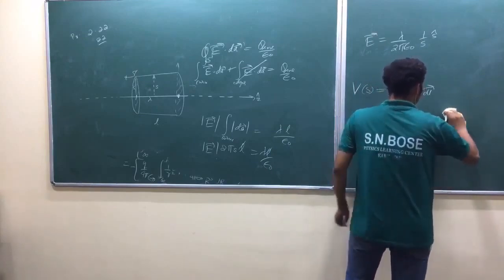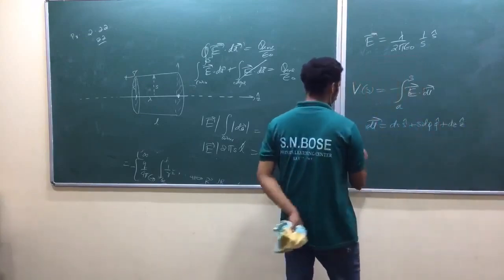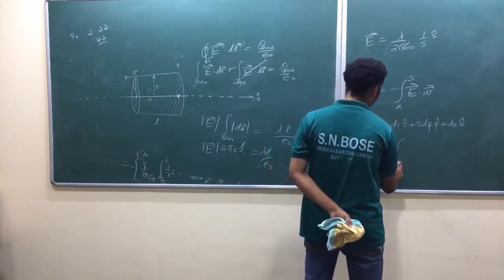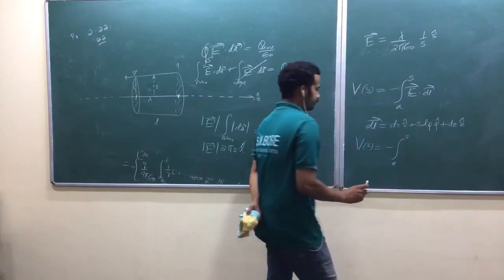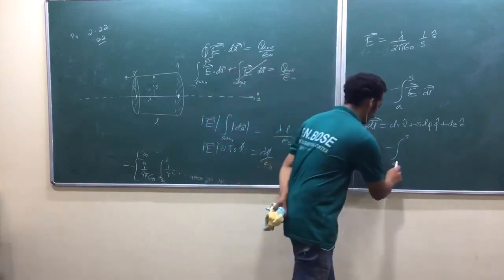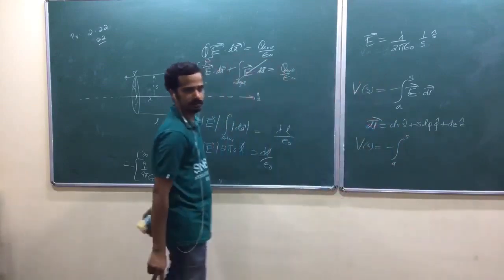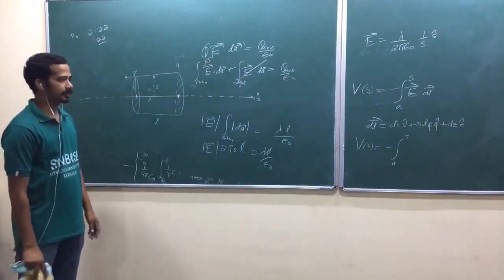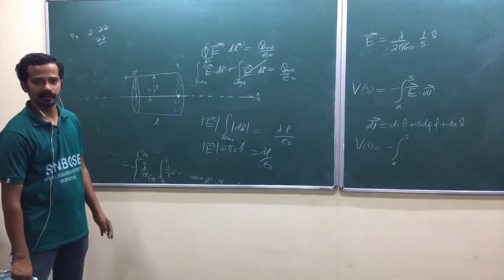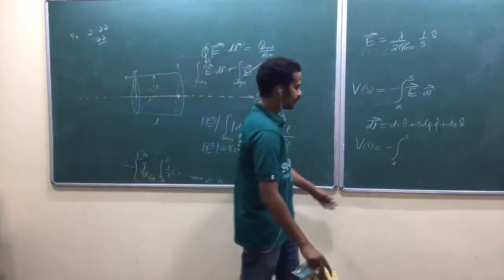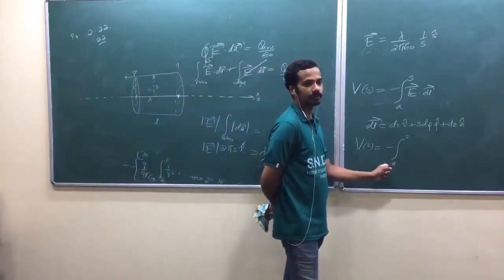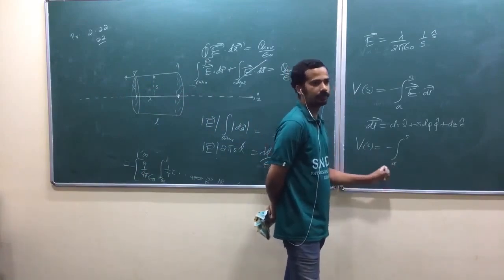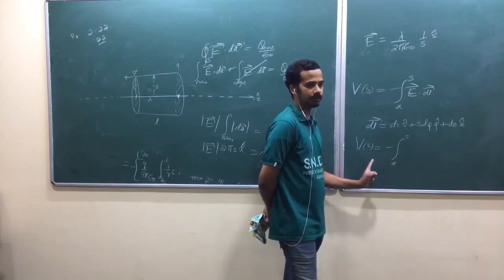So then the potential at a distance S is the integral from A to S. A is some distance from the axis again. Actually, position in space should be written in terms of a position vector.